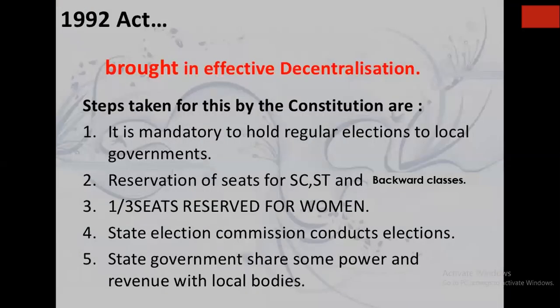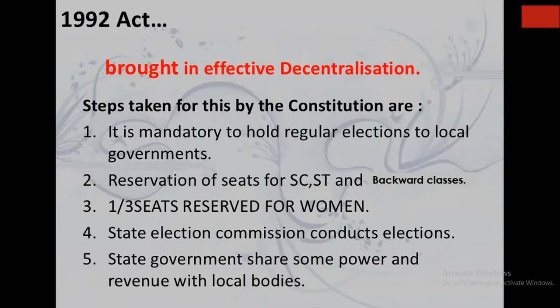According to the 1992 Act, which brought in effective decentralization, the steps taken by the Constitution were: it is mandatory to hold regular elections to local governments; reservation of seats for SC, ST and backward classes; one-third of seats reserved for women in local government; the State Election Commission conducts the elections for local government; and the state government shares some power and revenue with the local bodies.